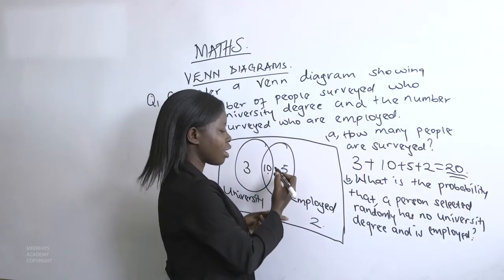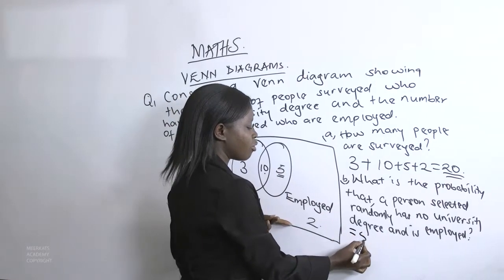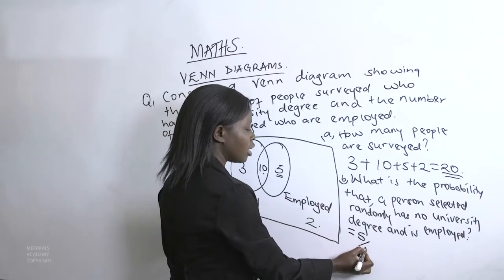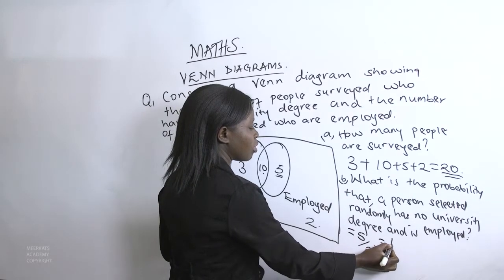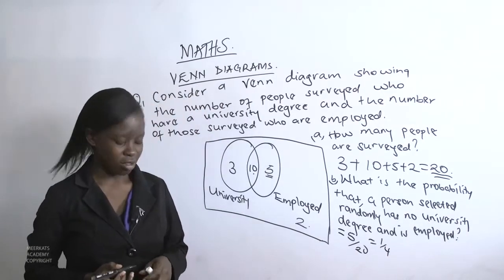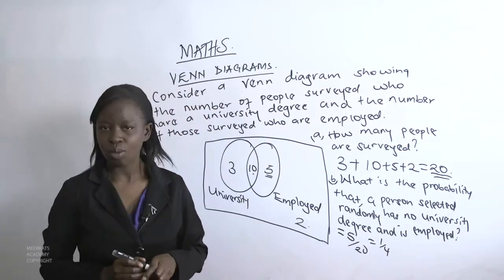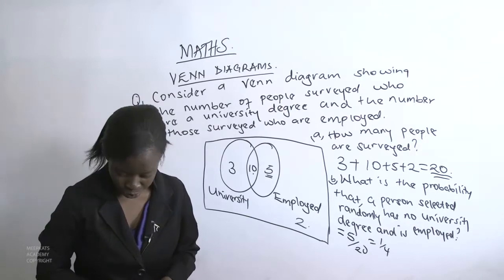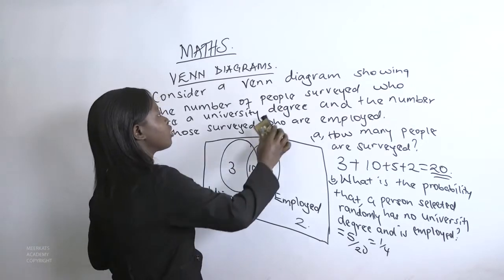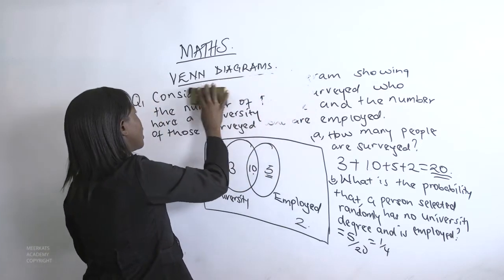So I have 5 people who are employed without a university degree, divided by 20. The probability of getting a job even without a university degree is 1/4. So that is the first question using a Venn diagram.